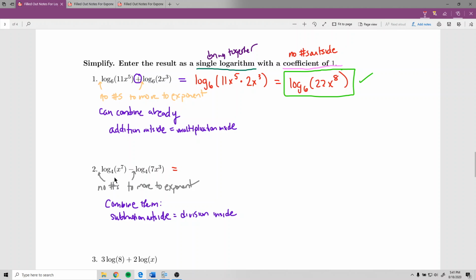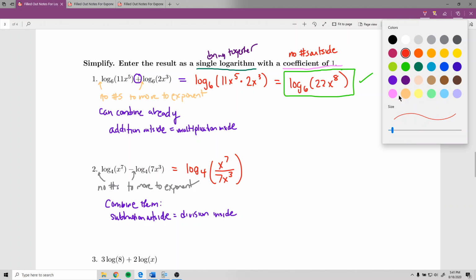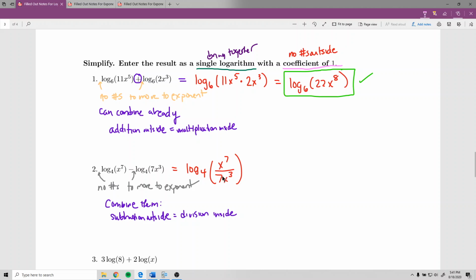All right, so once again, we have the same base, which is set up for us like that. The base stays the same. We have a division inside. The top is what goes in front, x to the 7th, and the bottom is what goes behind the minus sign, the 7x cubed. Now once again, if you can simplify, which we can do. We don't have a number to cancel with the 7 on the bottom, which is okay, but we can get rid of the x cubed if we subtract 3 off the exponent on the bottom.